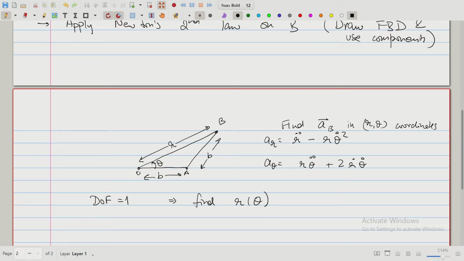Since the number of degrees of freedom is 1, can we find r as a function of theta? It's an isosceles triangle, so we can write the geometrical relation.